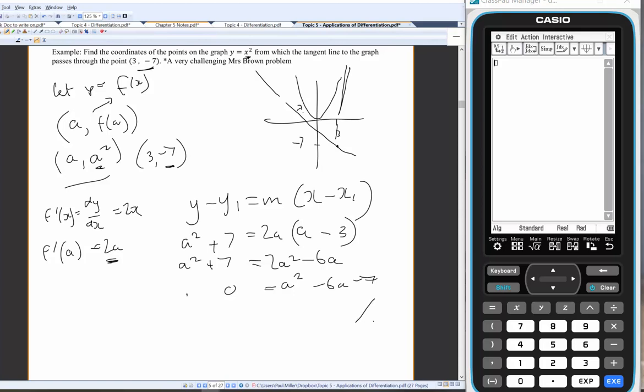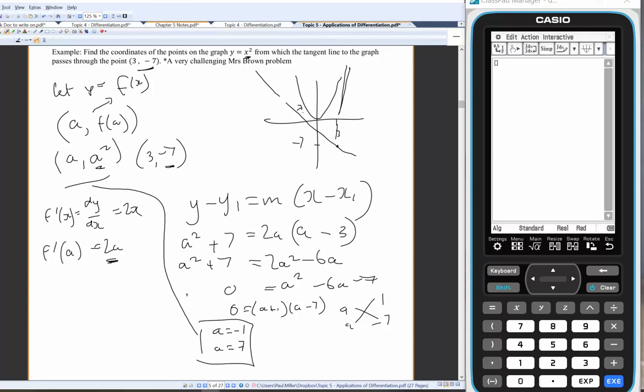I think that's right. Yep. 0 equals (a plus 1)(a take 7). So a equals -1, a equals 7. Right, but we're not done yet.